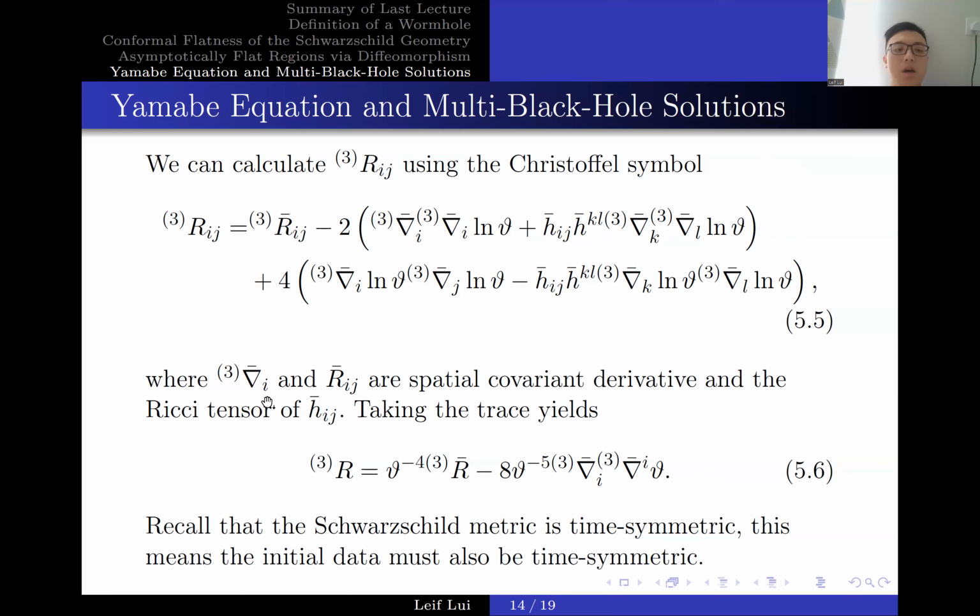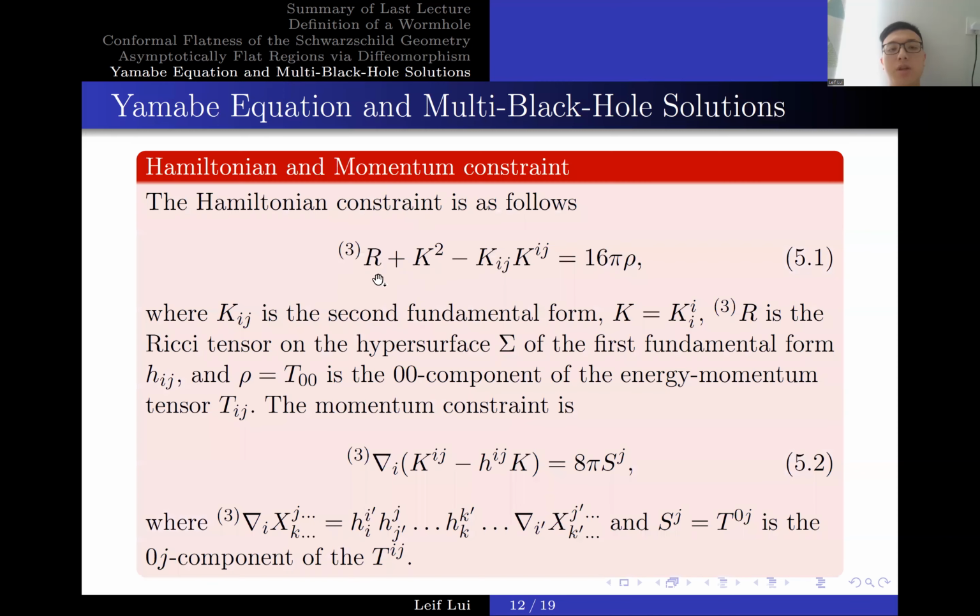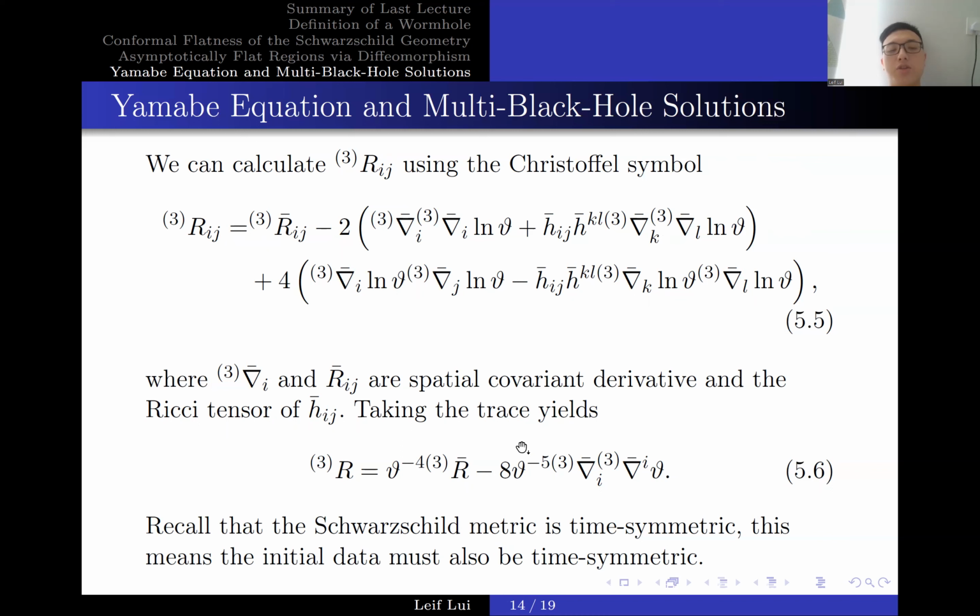Here, this bar covariant derivative and this bar R_ij are the spatial covariant derivative and the Ricci tensor of h bar ij. But I guess we don't actually need this entire form because, as we can see before, the Hamiltonian constraint only concerns the Ricci scalar. So what we can do is take the trace and we get this. This equation drastically simplifies, which is quite nice.